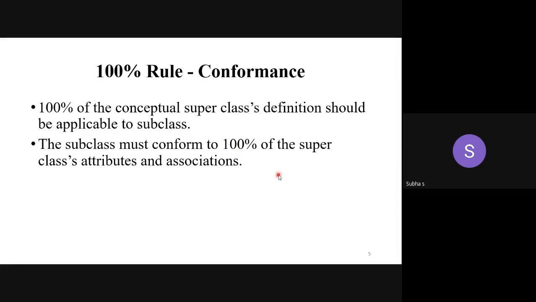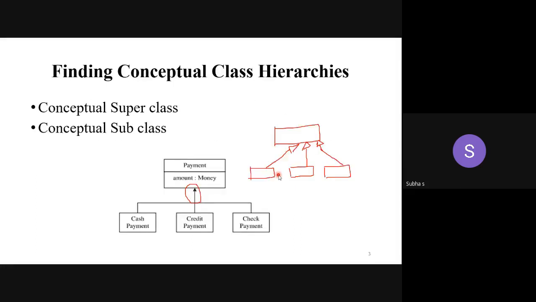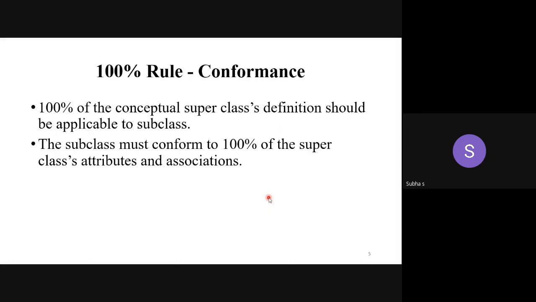Suppose I have the same payment example. 100% of the attributes or the things that are used in payment should be applicable to all three subclasses. If any one feature is not at all applicable to a subclass, you can't consider it a subclass. All the features must be applicable to all the subclasses. Then that is called the 100% rule.